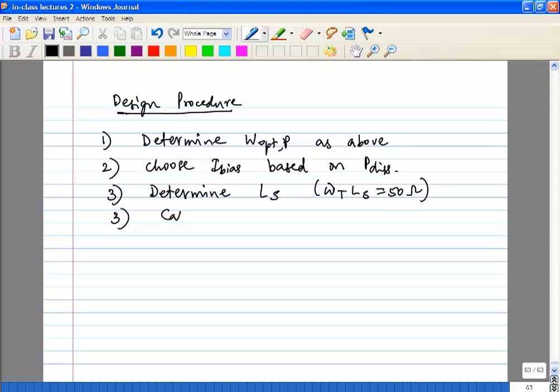And of course, you're going to calculate NF min, which is something you will want to do once you know W opt and omega T.